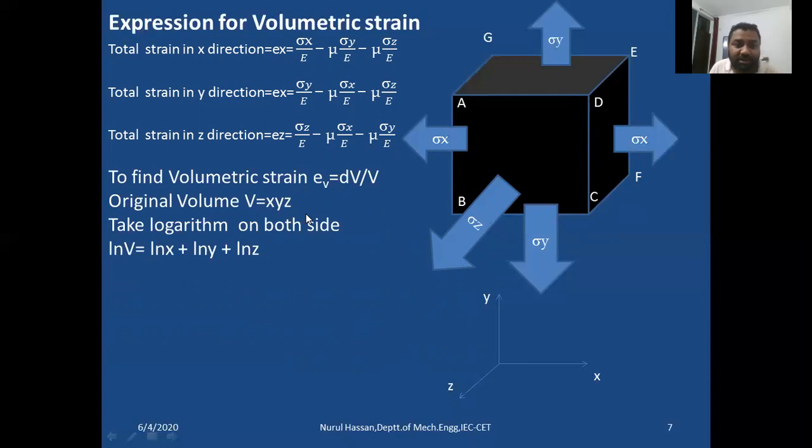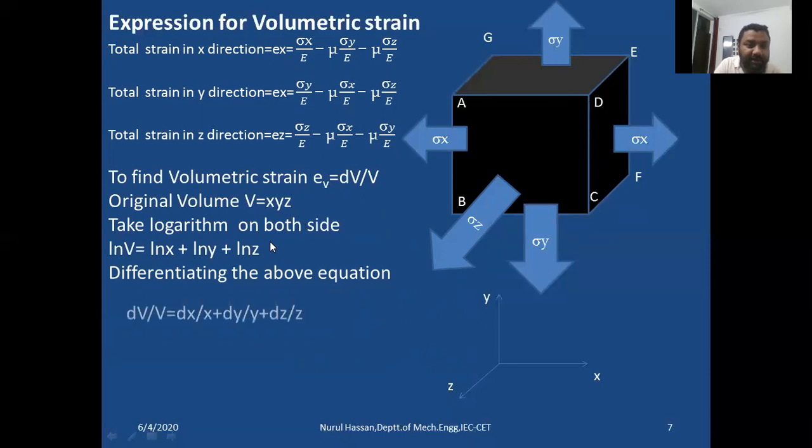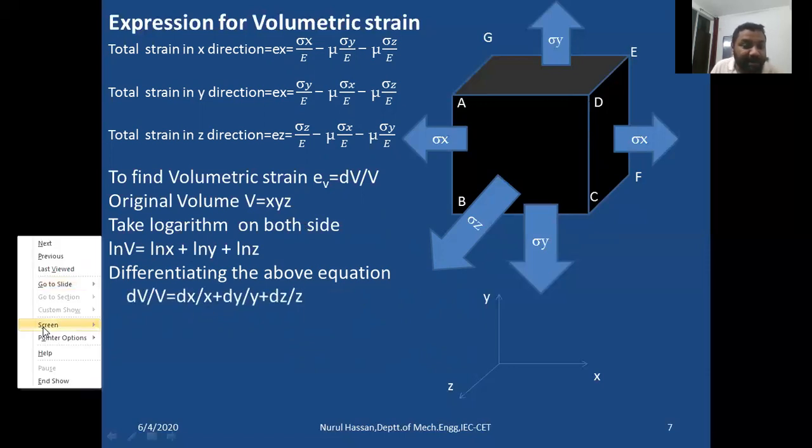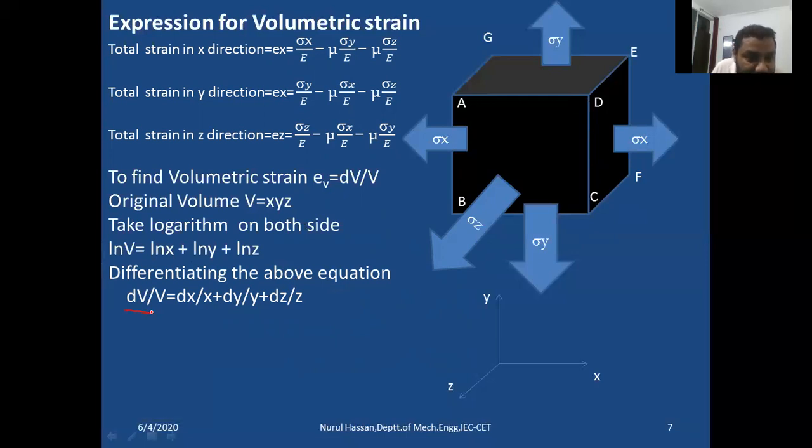Take the logarithm on both sides. Then ln V is equal to ln x plus ln y plus ln z. Then if I differentiate this equation, I'll get dV upon V is equal to dx upon x plus dy upon y plus dz upon z. Now what is dV upon V? dV upon V is the volumetric strain. What is dx upon x? x is your original length and dx is change in length.